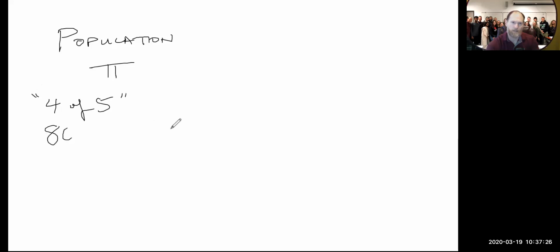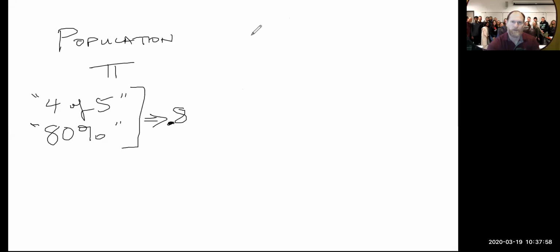We might have 80% of people prefer hot dogs over hamburgers. We might have 4 out of 5 people prefer Coke over Pepsi, those kind of things. The first step is to compare apples to apples. We need to convert these to a decimal. We're going to need to do that.